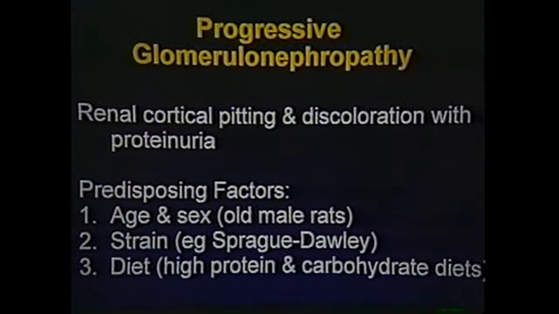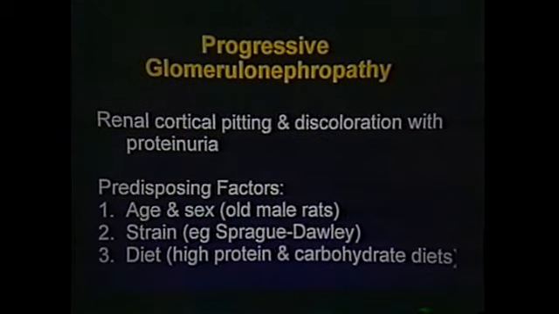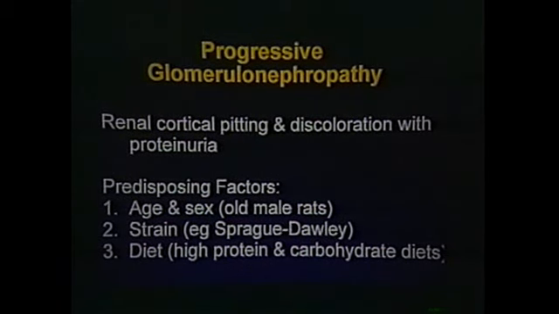So to review progressive glomerulonephropathy: certainly renal cortical pitting with discoloration, proteinuria, predisposing factors, age and sex, especially old male rats, strain predisposition, such as the Sprague Dawley rat, are particularly prone to this condition, and certainly dietary manipulations can increase the incidence as well. High protein diets and high carbohydrate diets are just examples of dietary manipulations that can increase the incidence of progressive glomerulonephropathy in rats.